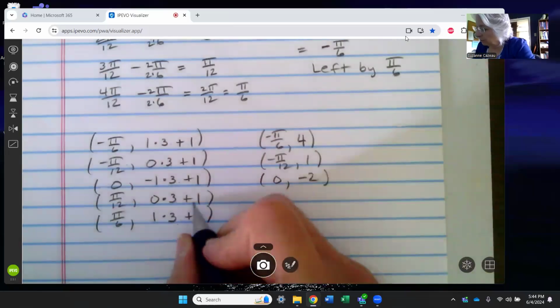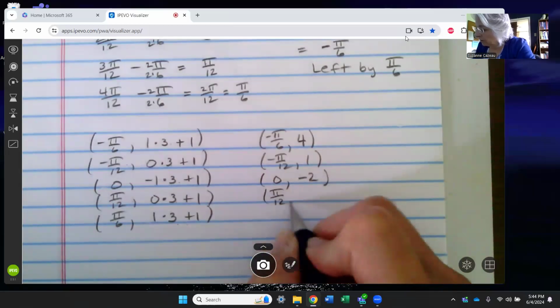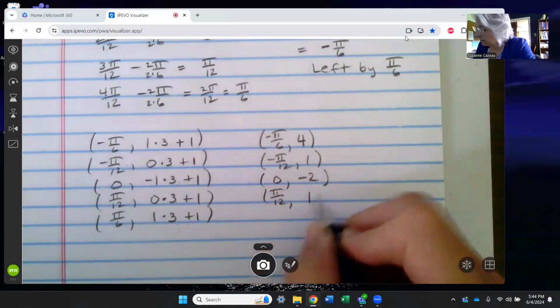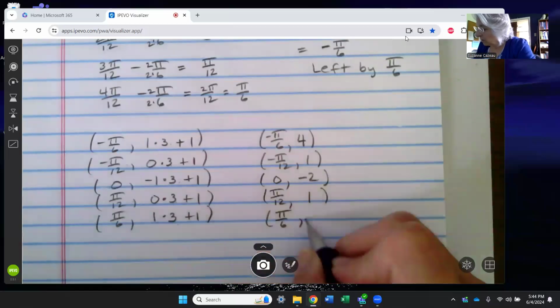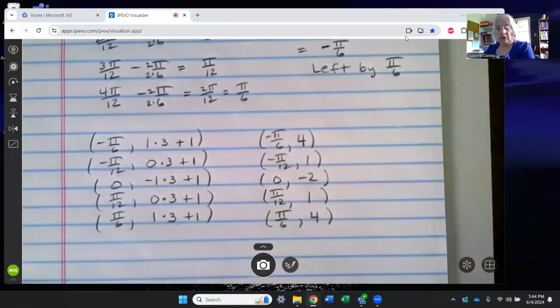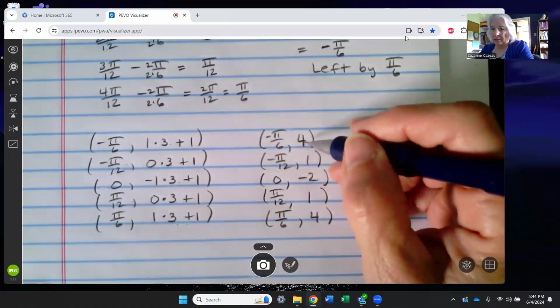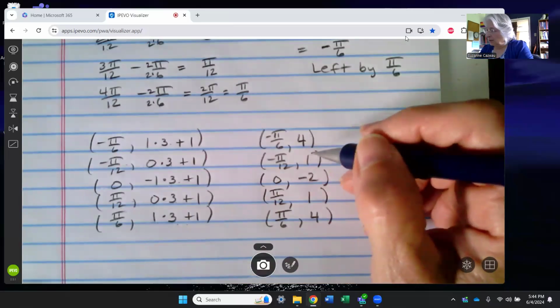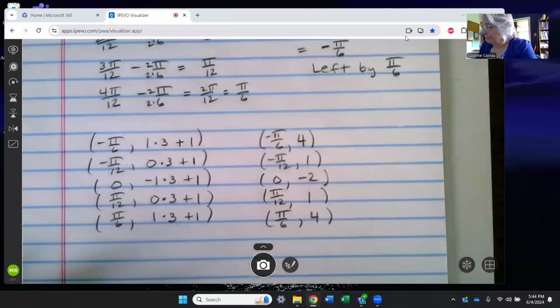And here we have 0 plus 1, so pi over 12, 1. And then pi over 6, we got 4. And that should mesh, that the amplitude is going to be 3. So here to here, you can see is 3. So 1 becomes your new base, right?